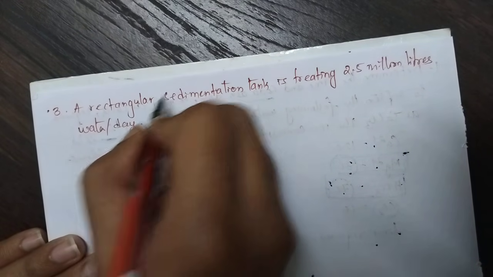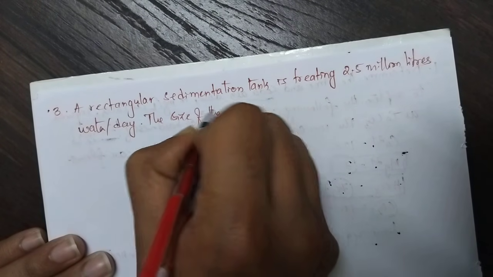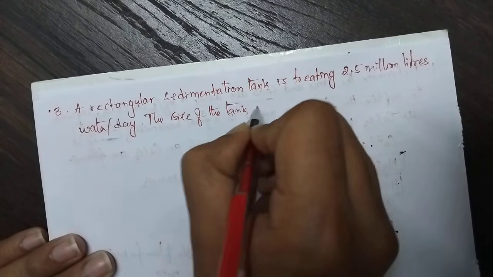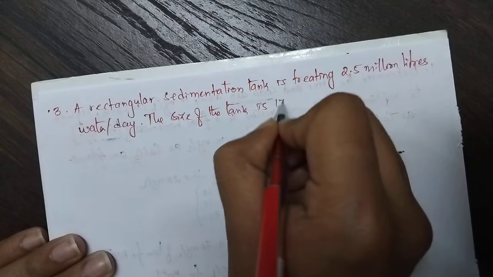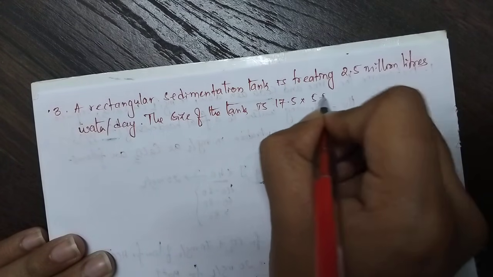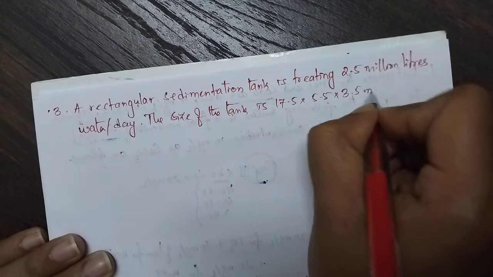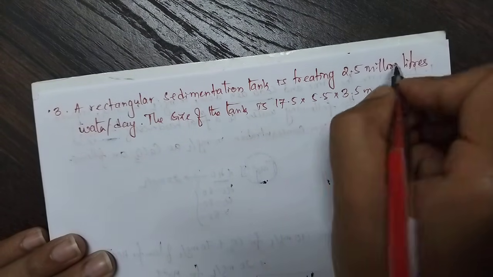The size of the tank is 17.5 meters into 5.5 meters into 3.5 meters, length, breadth and height.